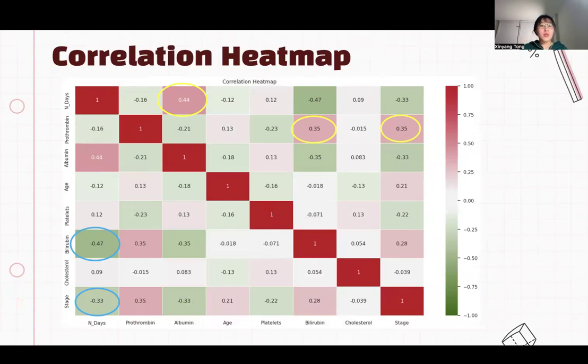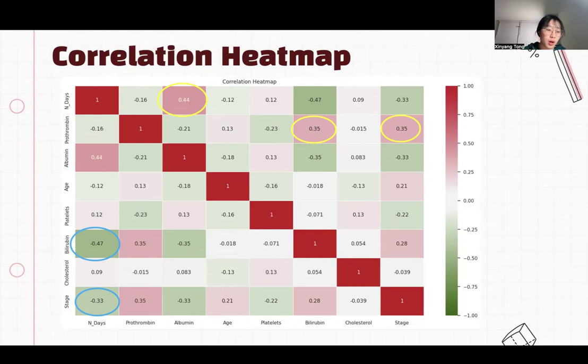Here is the correlation heat map graph of different features. And we need to focus on several relationships. First, there's a positive relationship between number of days and albumin. The number is 0.44, which means there's a strong positive relationship between them.